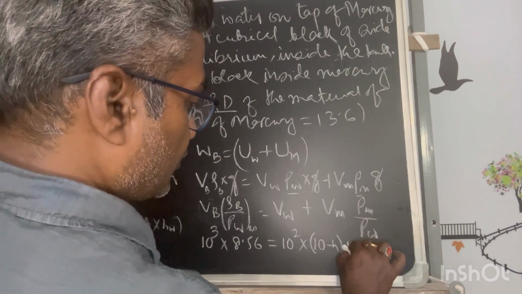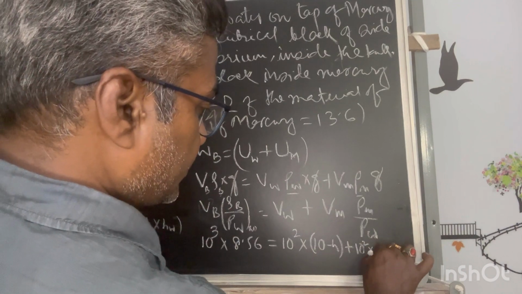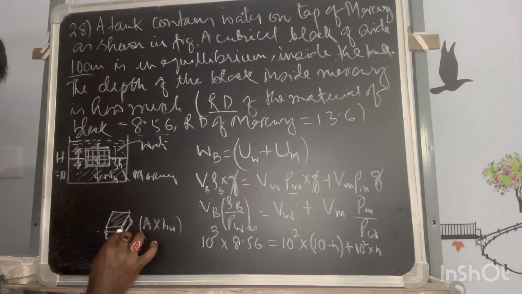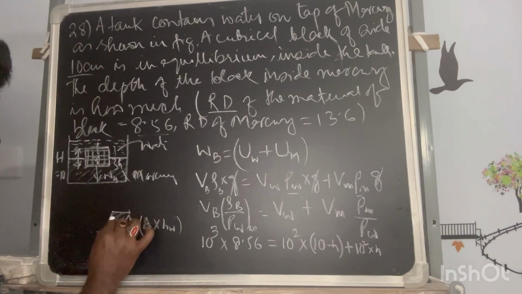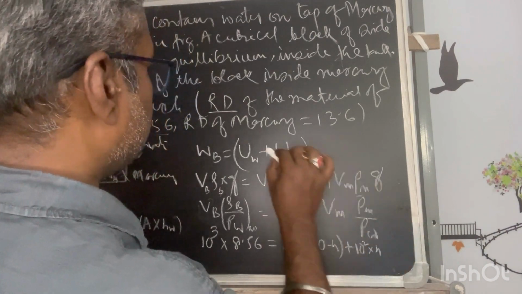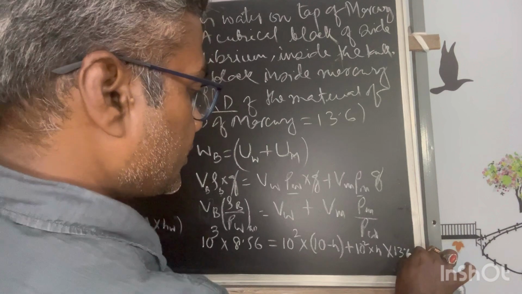Plus the volume of mercury, which is also 10 square into h, and the relative density of mercury is given as 13.6, which will be multiplied there.